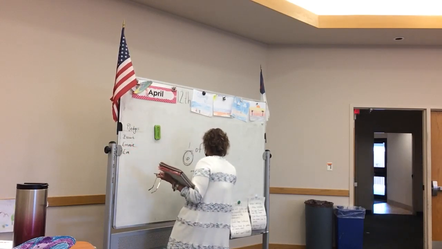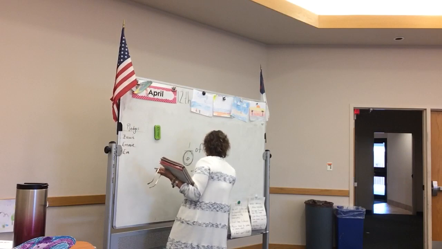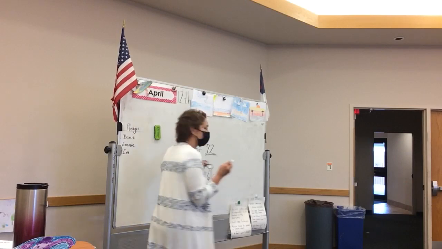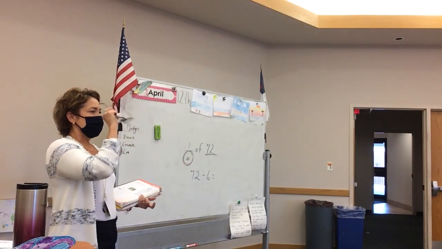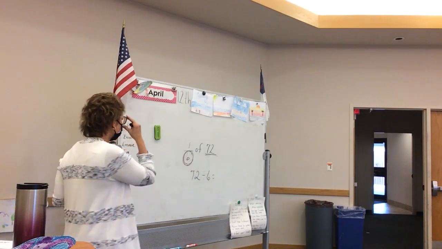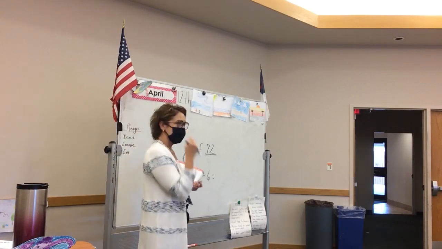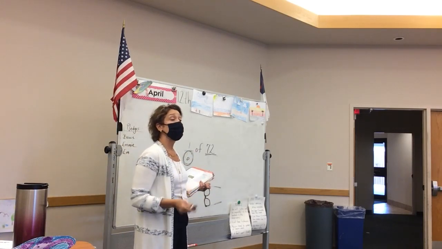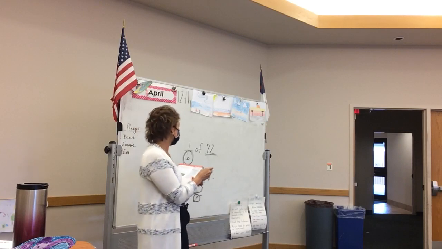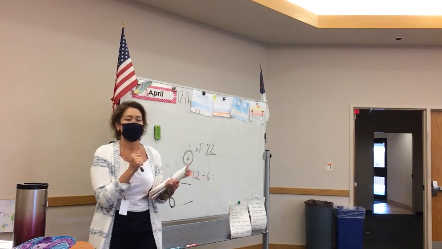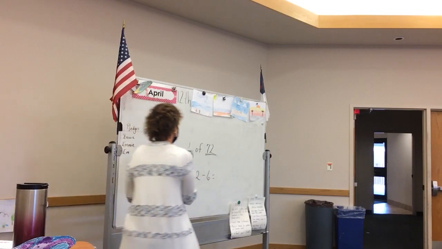So 72 divided by 6 equals, what is 72 divided by 6? Tessa. 12. Very good.